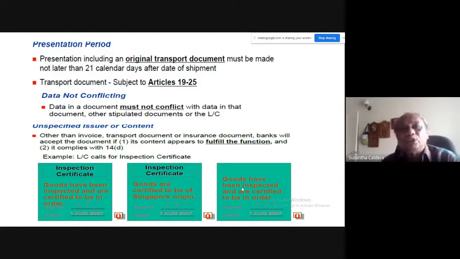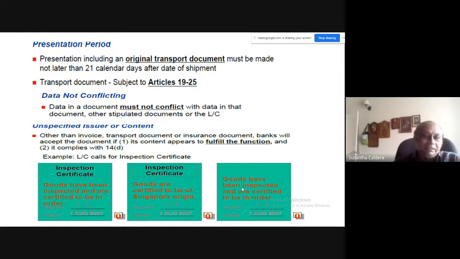Then the transport documents are subject to Articles 19 to 25. Data not conflicting: data in a document must not conflict with data in that document, other stipulated documents or the LC. So every document has to be compatible with each other.